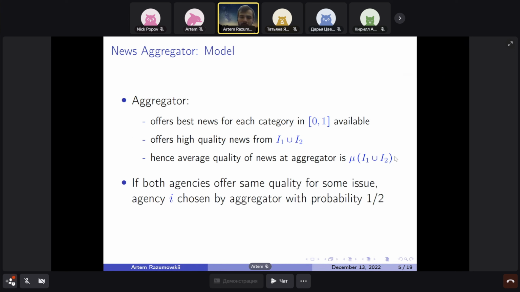And what happens if the agencies have the same quality on some topic? Then the aggregator will pick with probability 1/2 news from one agency and 1/2 from another.